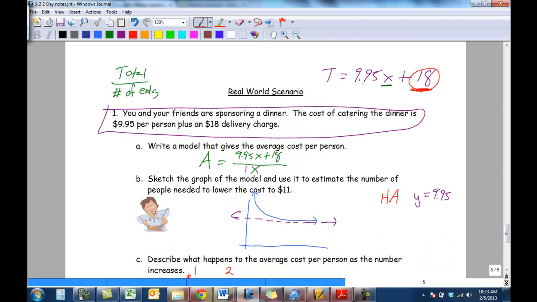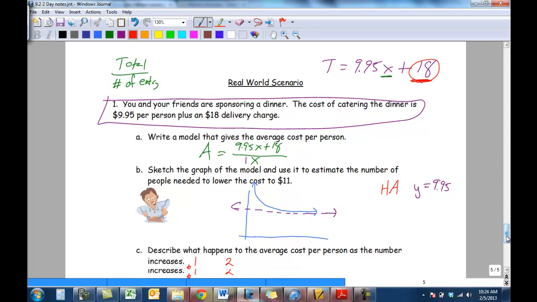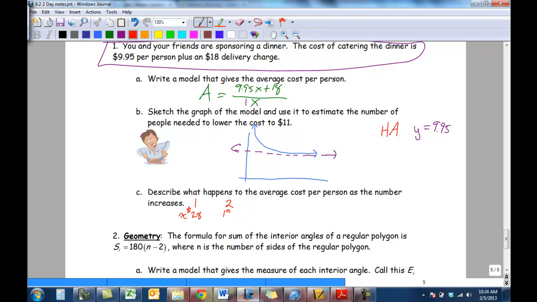Well, each one of them's got to pay $10 for their meal a piece, right? But then, if 2 of us are going to this party, and if we're splitting the charge, then 2 of us have got to split the $18. So now each one of us is paying about $19, right? Because we each got our $10 plate, and then we're splitting the $18 2 ways for $9.